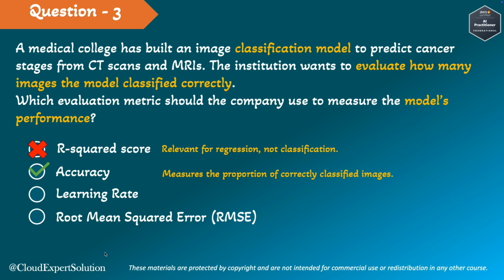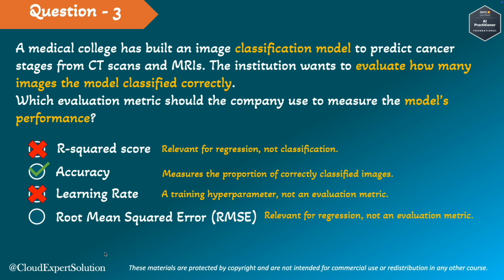The third option is talking about learning rate. Learning rate is a training hyperparameter, and this is not an evaluation metric, or this is not a metric to evaluate the model's performance. Hence, learning rate is also not the correct answer. The last option is root mean squared error, or RMSE.